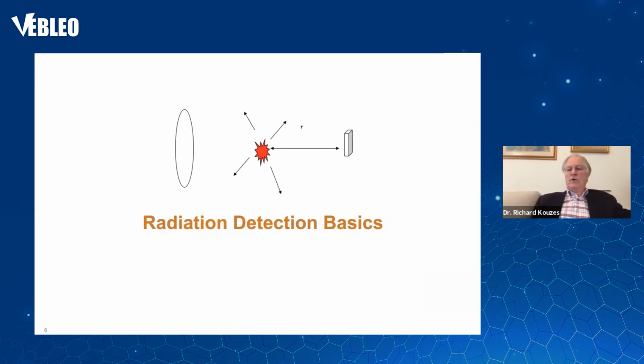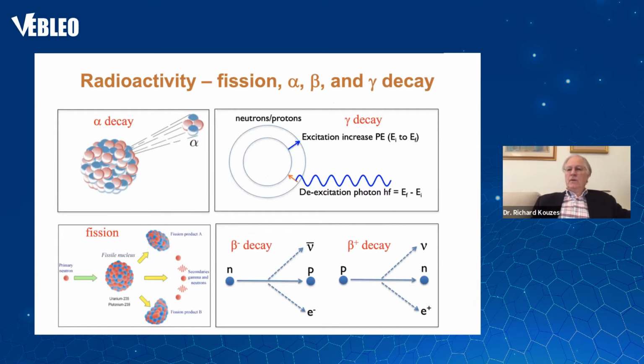So now let me talk about radiation detection. Radiation detection is involved with detecting alphas, betas, gammas, or fission products. You're probably familiar with these terms. Alpha decay is the emission of a helium nucleus by another nucleus, a heavy nucleus like uranium.